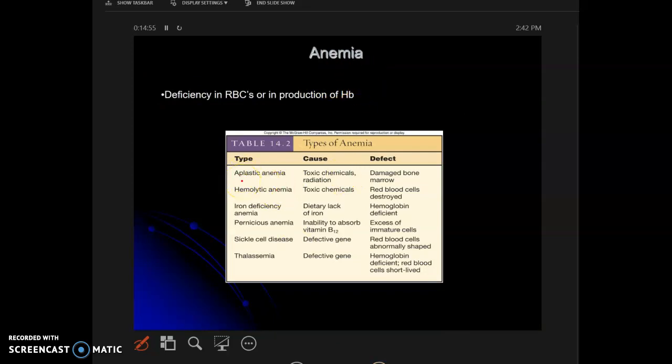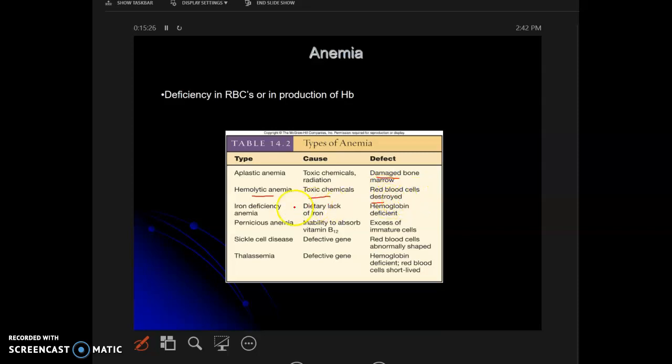There are different types of anemia. You have to know all of them. Aplastic is because of damaged bone marrow. Why? Because of radiation or toxic chemicals. Hemolytic is what happens when the red blood cells are destroyed. Now, red blood cells have a lifespan of 120 days. But if you are going to take toxic chemicals, especially those who take drugs, knowingly or unknowingly, they are going to destroy the red blood cells.